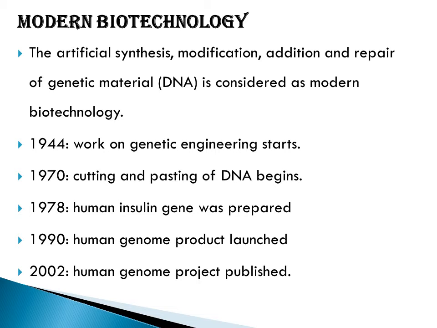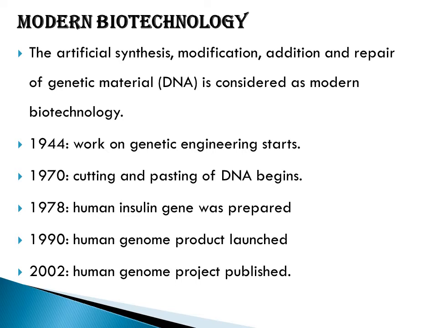In 1970, the scientists were able to cut and paste the DNA of organisms. If an organism has some defect or genetic disorder, we can easily cut that part of the DNA and paste it with our desired gene or desired characteristic. So in 1970, this cutting and pasting of the DNA started.